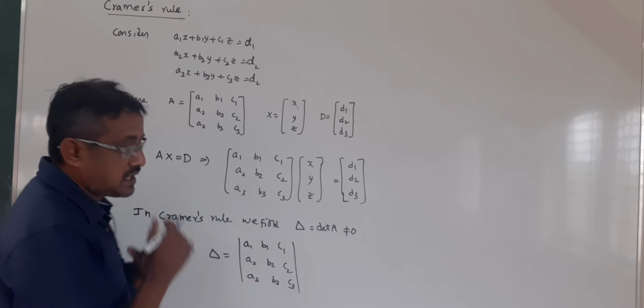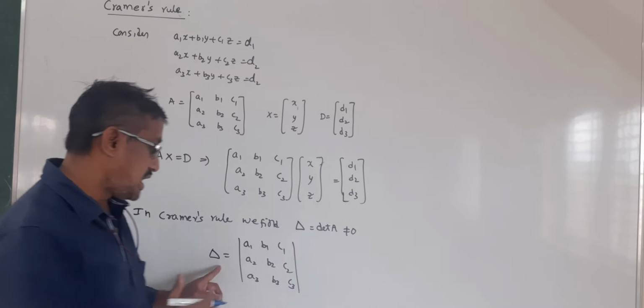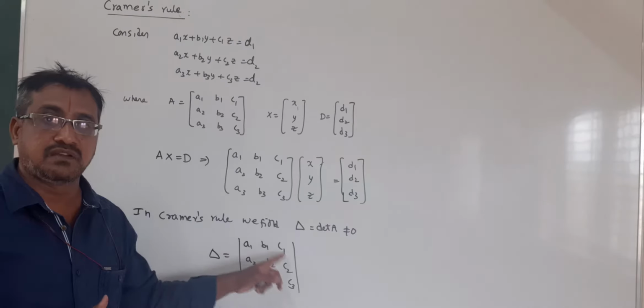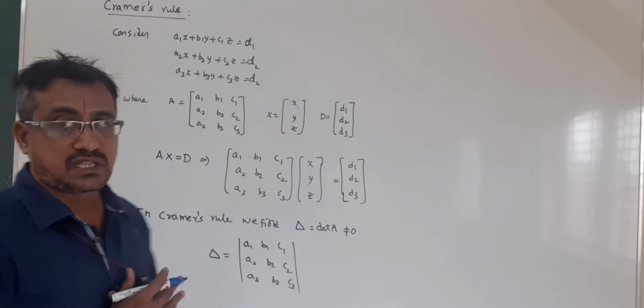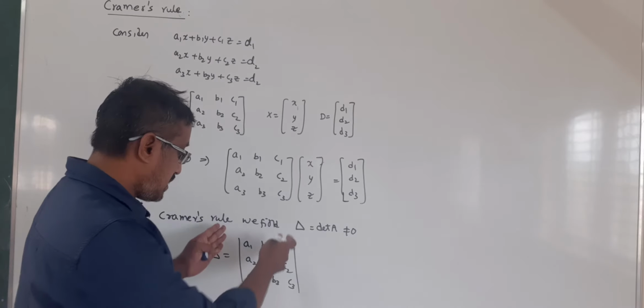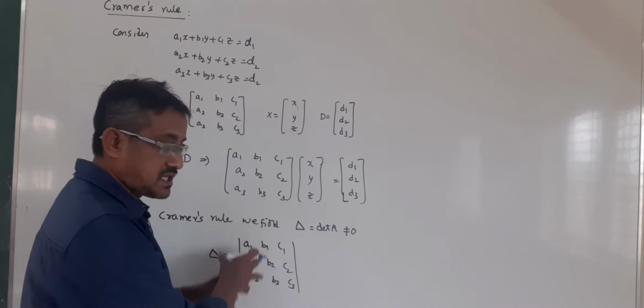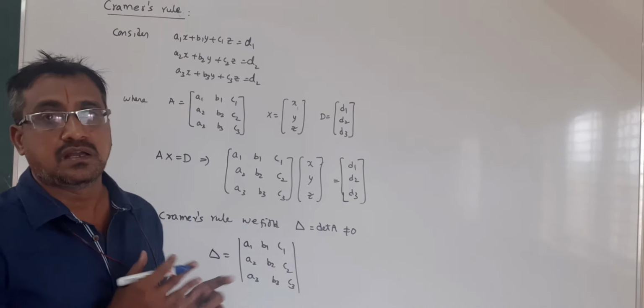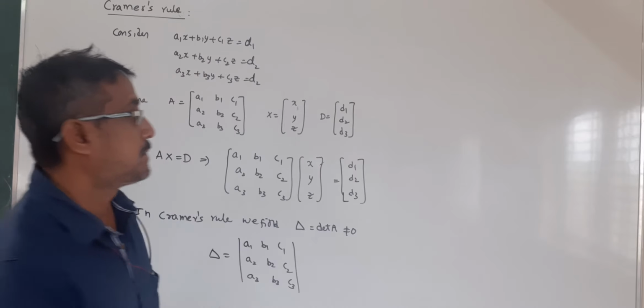We find the determinant of the matrix as delta. If you arrange the numbers in between two vertical lines, it will be called delta or determinant.